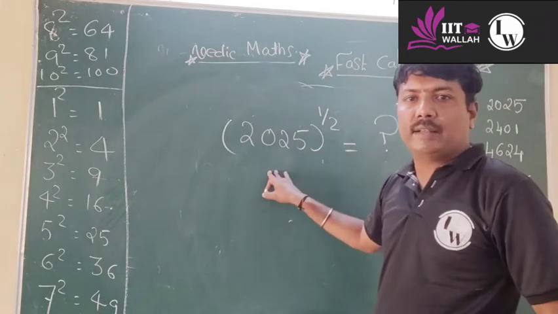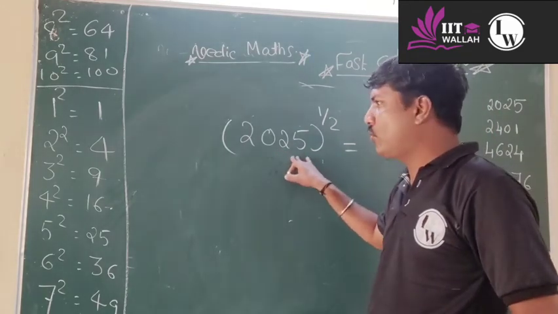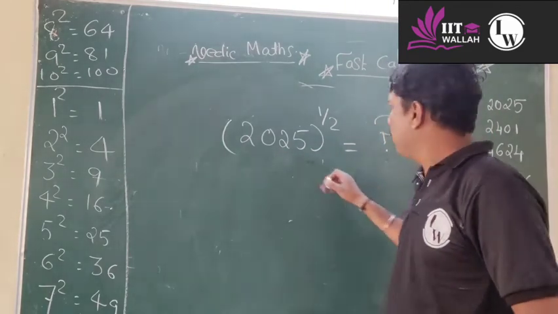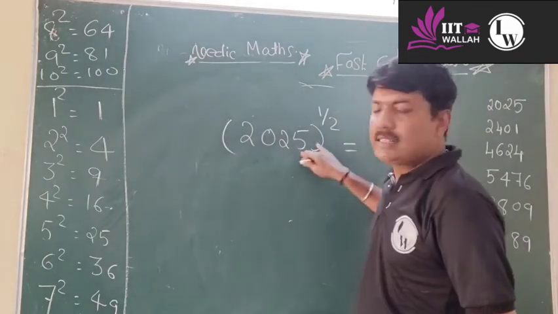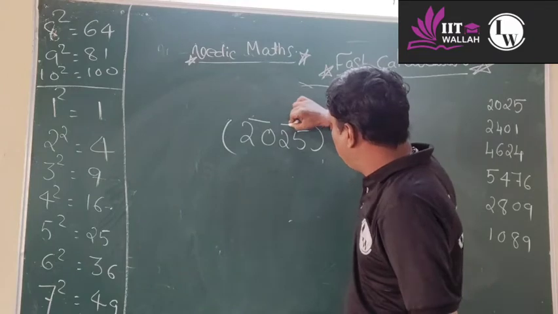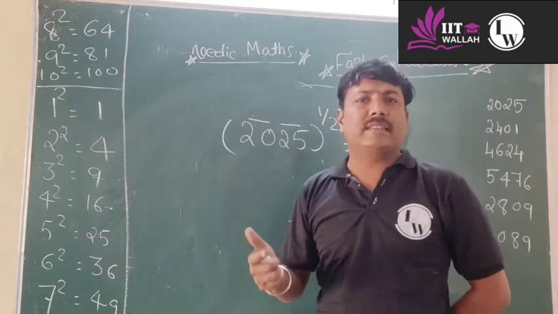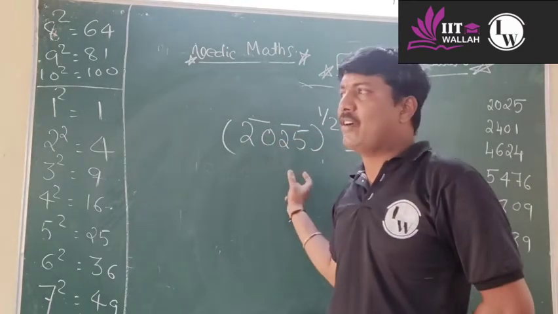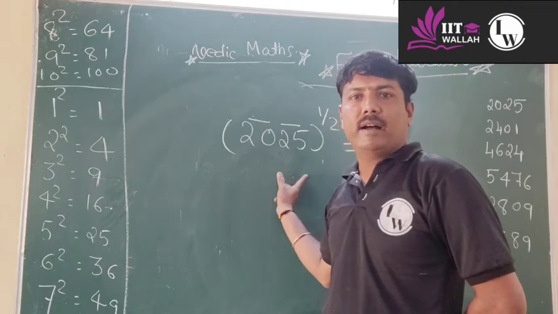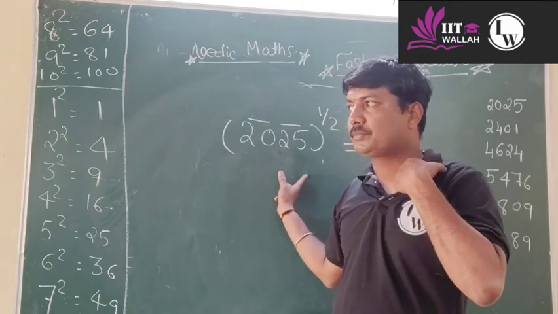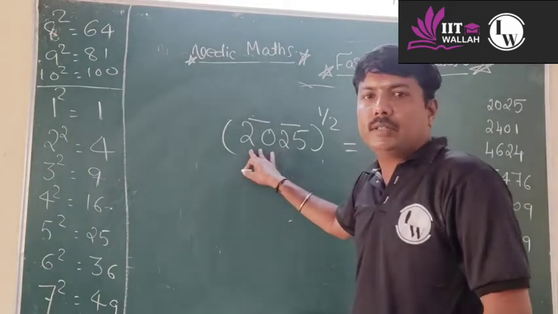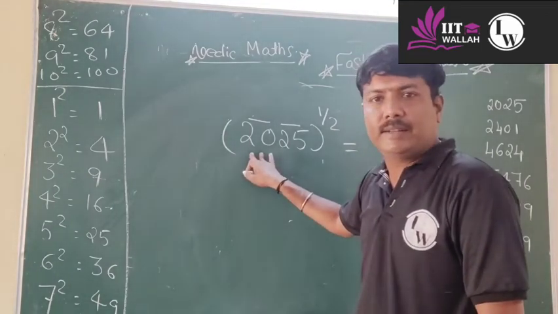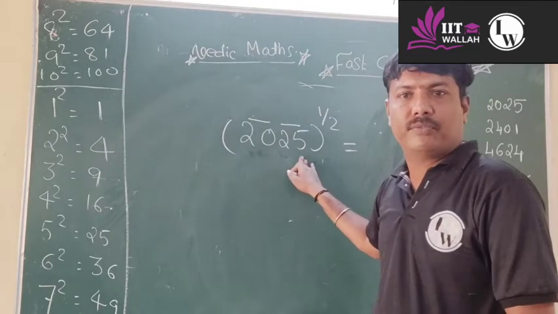We want to find the square root of 2025. Okay? The first step: if there are 4 digits, we have to group them. To teach you the theory, I am doing this grouping. The first group is 20 and the second group is 25.